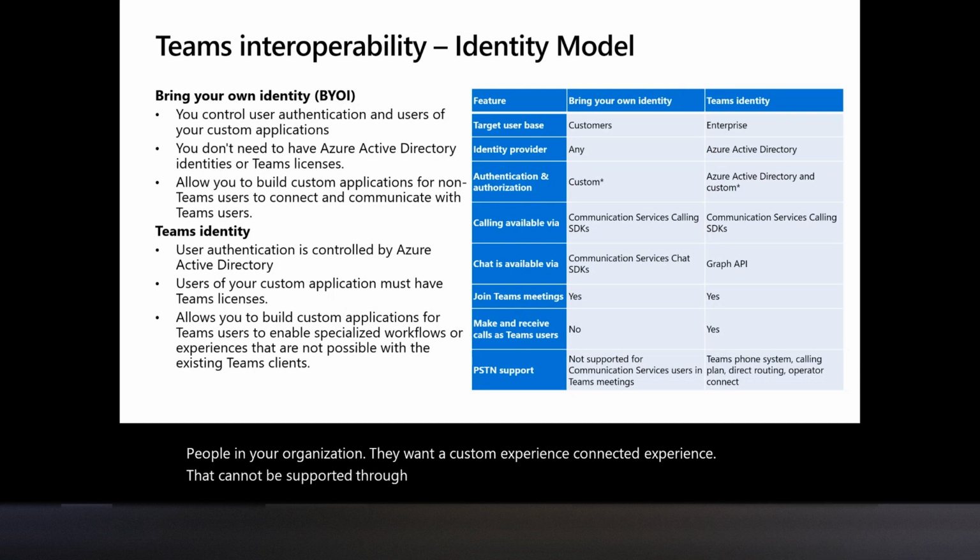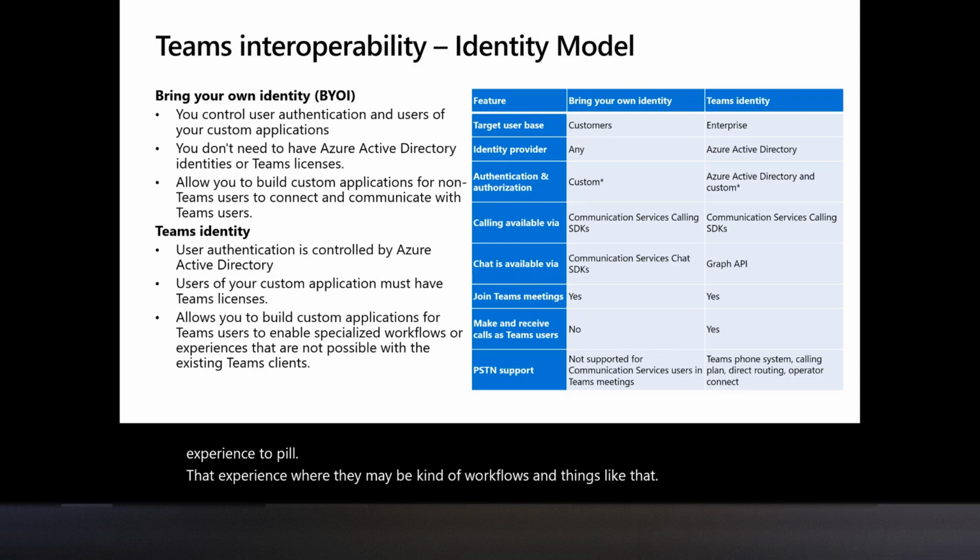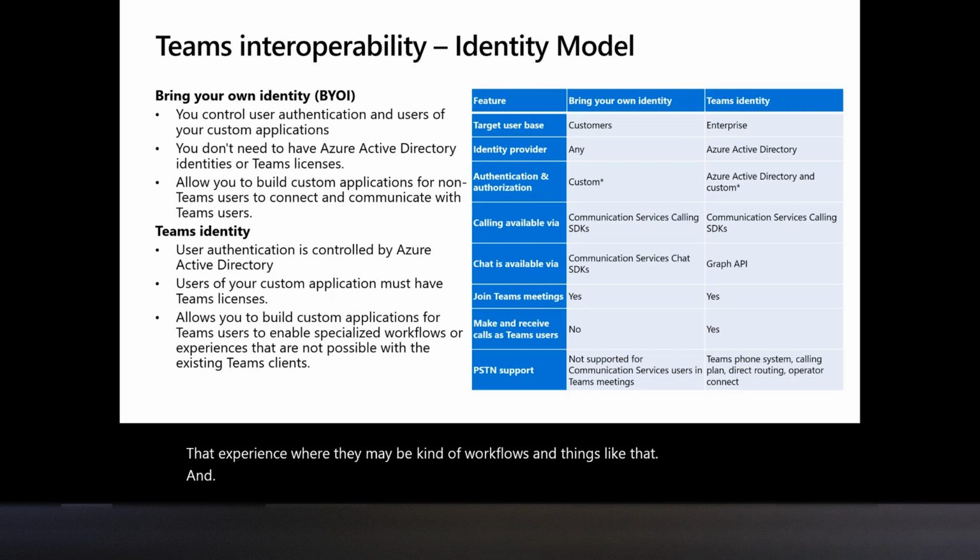You use Azure Communication Services to build that experience where there may be workflows and things like that. And those users sign into that experience using Azure AD. That's what we call Teams identity, using Teams identity for Teams interoperability.